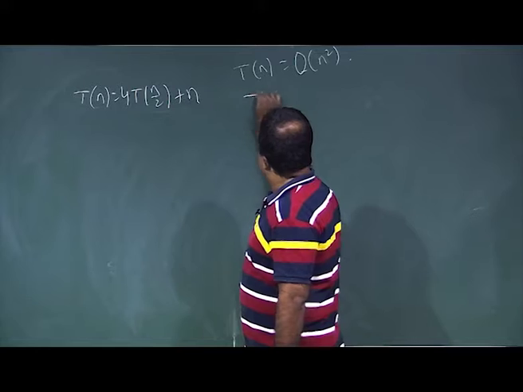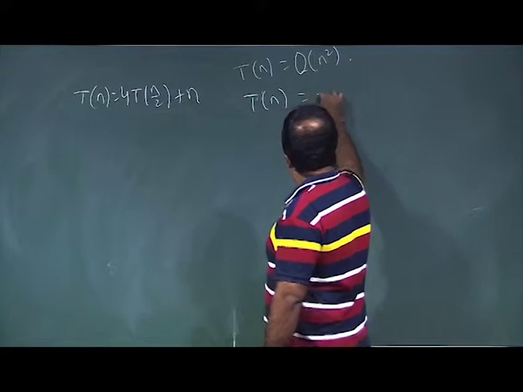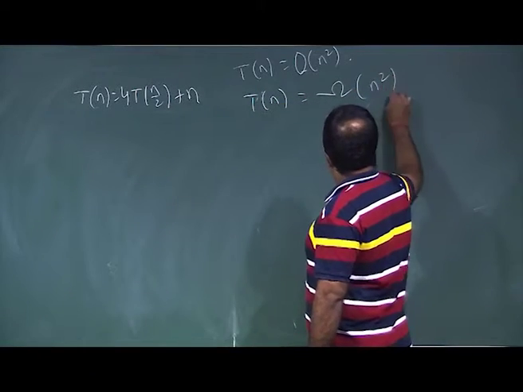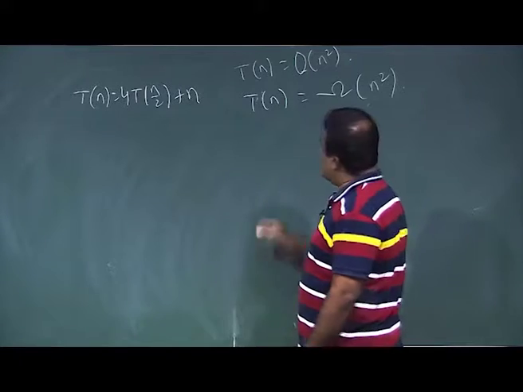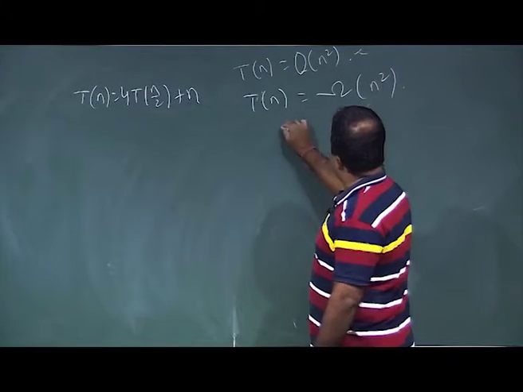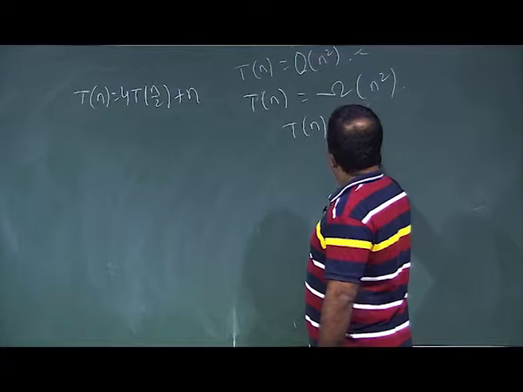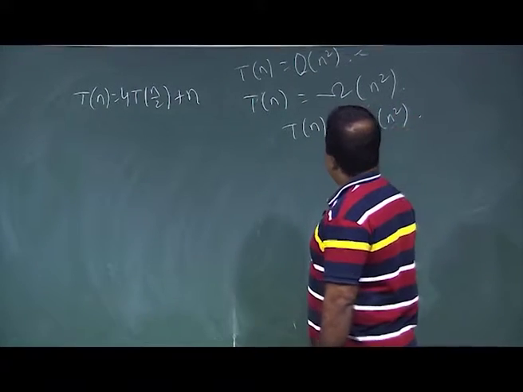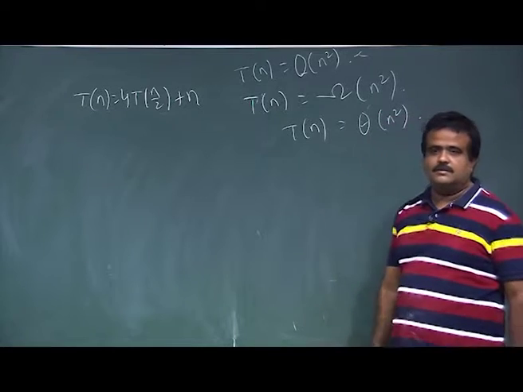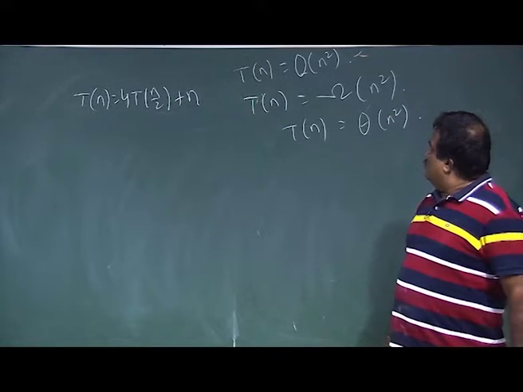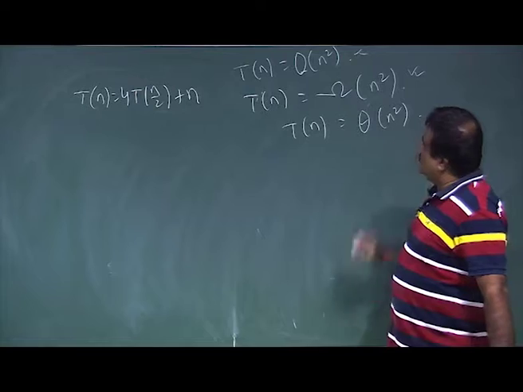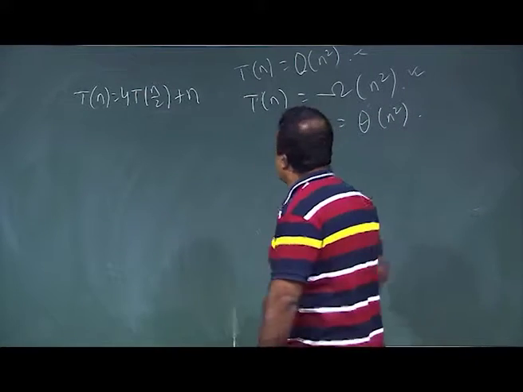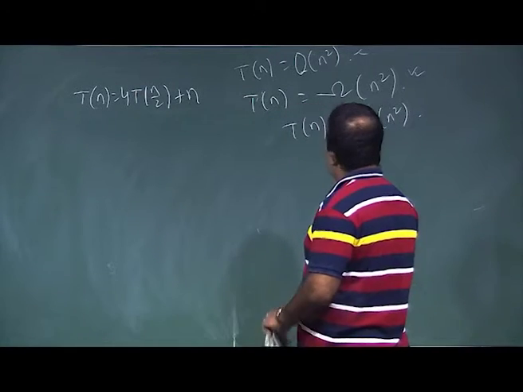Next we want to see whether this is big omega of n square. If both are satisfied, big omega and big O, then it is big theta of n square. So, how can we show this is big omega of n square?